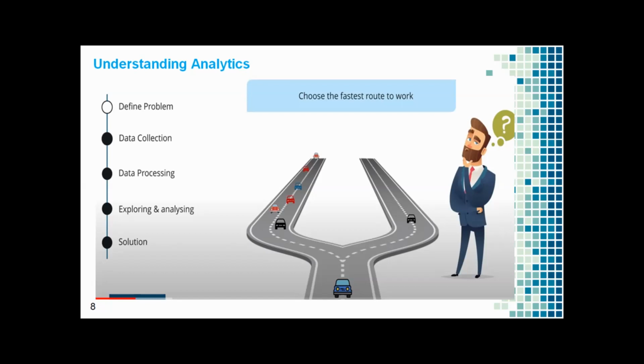He is not doing anything practically. He is there in his car, going to his office, and at the back of his mind all these things are happening. He is defining the problem.